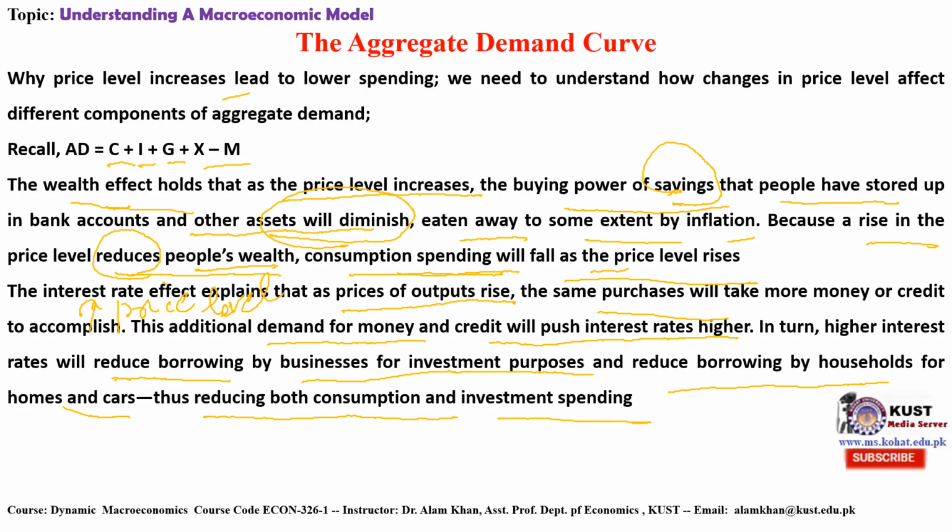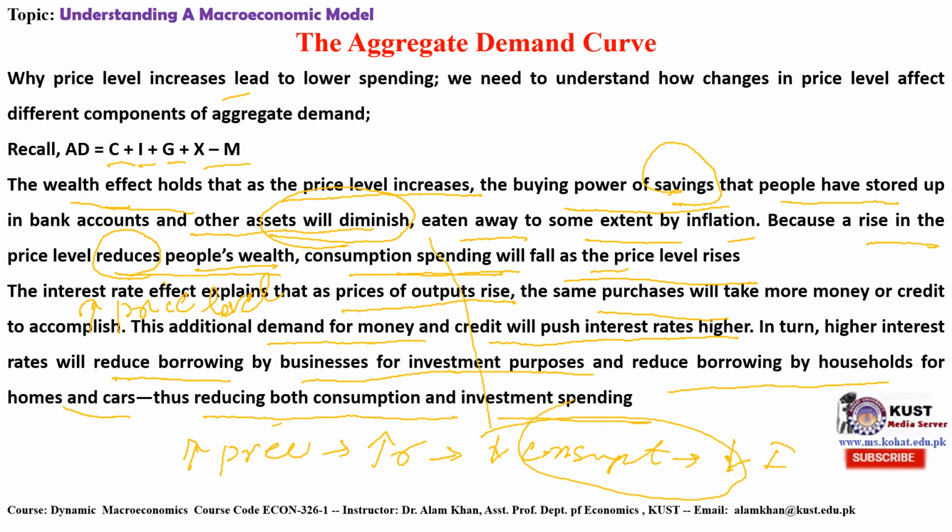It means that due to an increase in prices, interest rates will be high. When interest rates are high, that will decrease your consumption and your investment, and these two are sub parts of your aggregate demand.